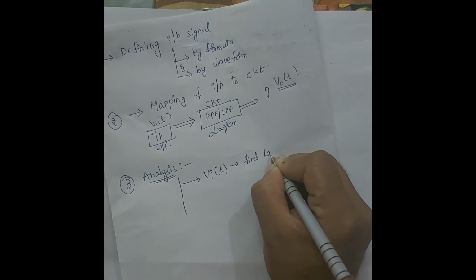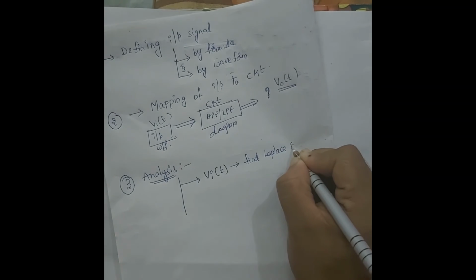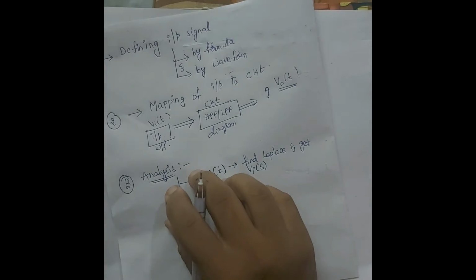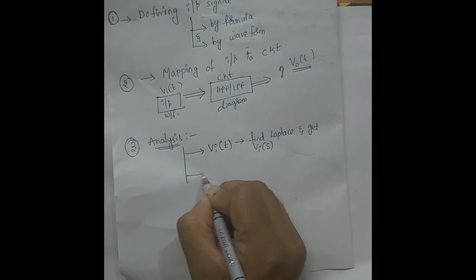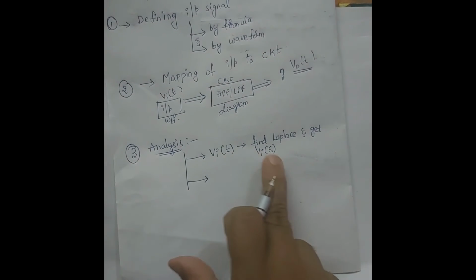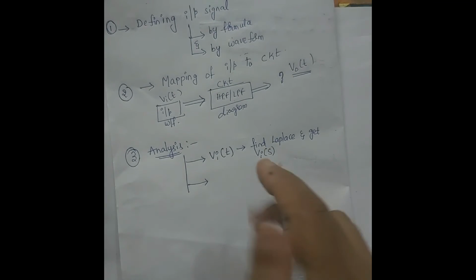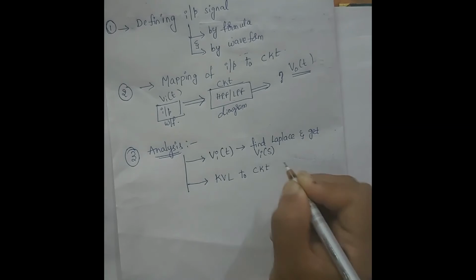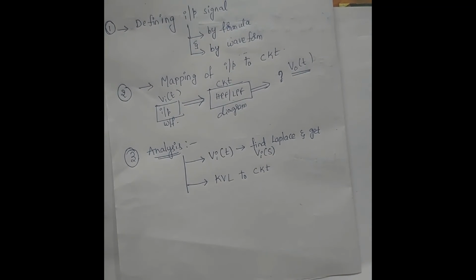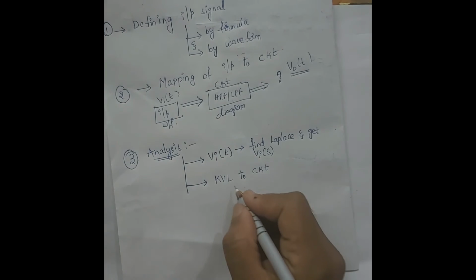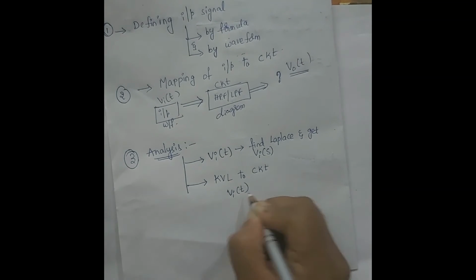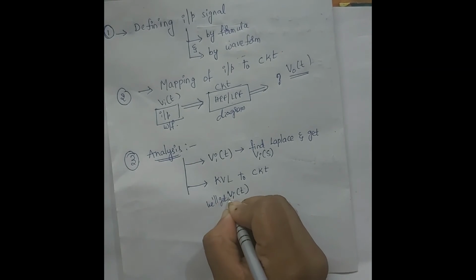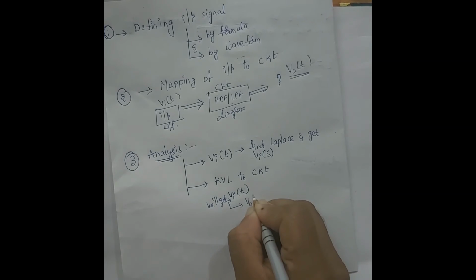Find the Laplace transform and get Vi of S. Next, from Vi of t we will get Vi of S. Next, applying KVL to the circuit. If you apply KVL to the circuit, we will get two equations, for V input of t and V naught of t.